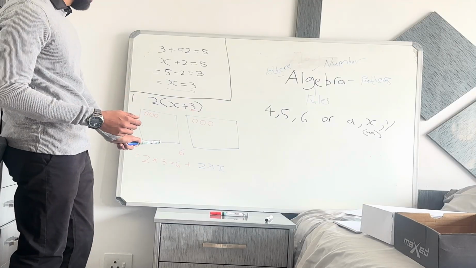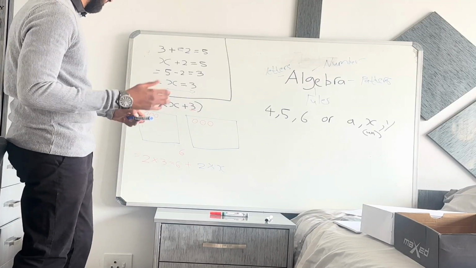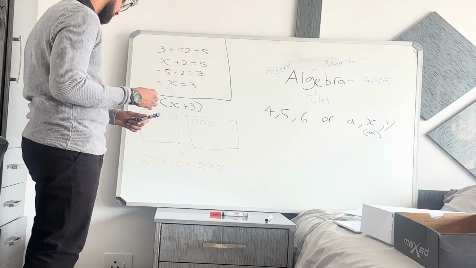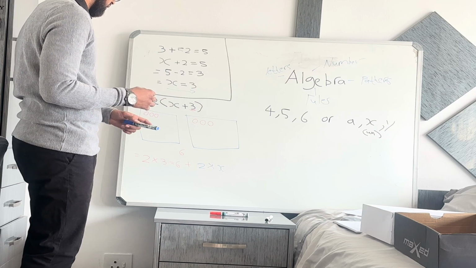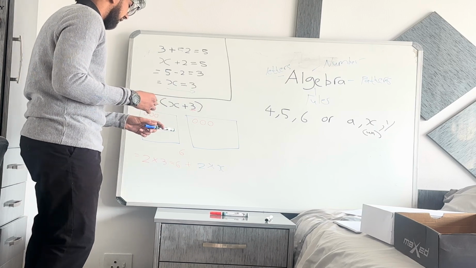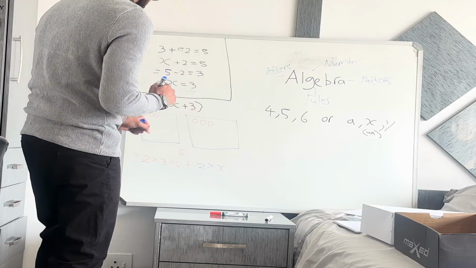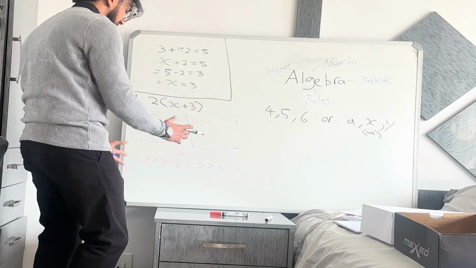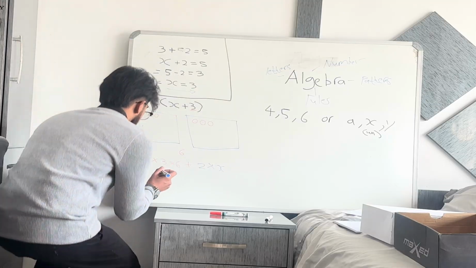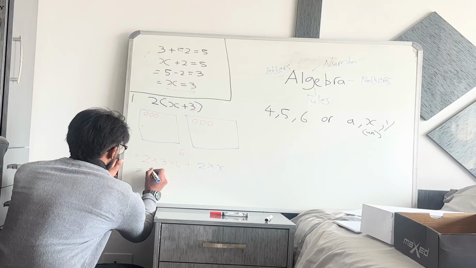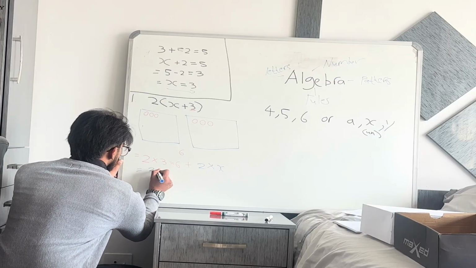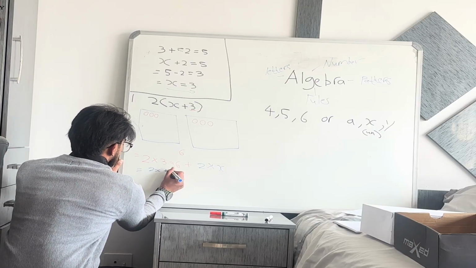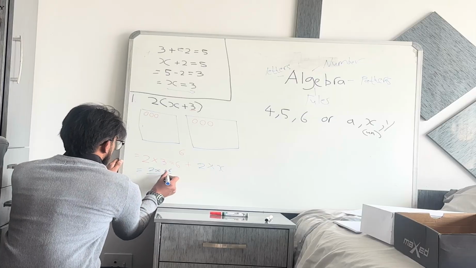But you'll notice what we did was very wrong. What we did wrong is the fact that the expressions, the x, the unknown values, have to always be first. So let's rewrite it as the answer. So it will be 2x plus 6. And that's your answer.